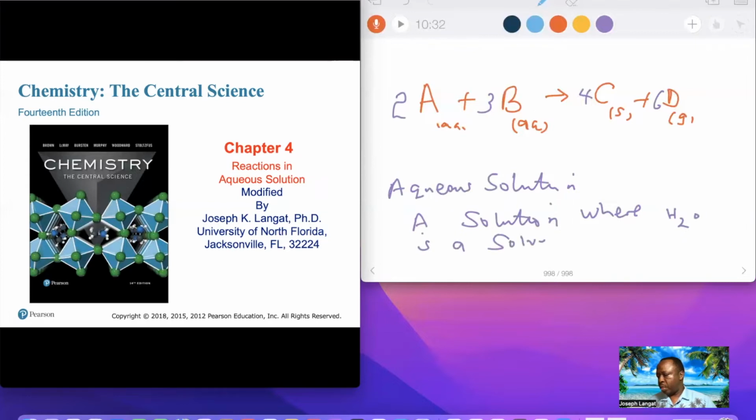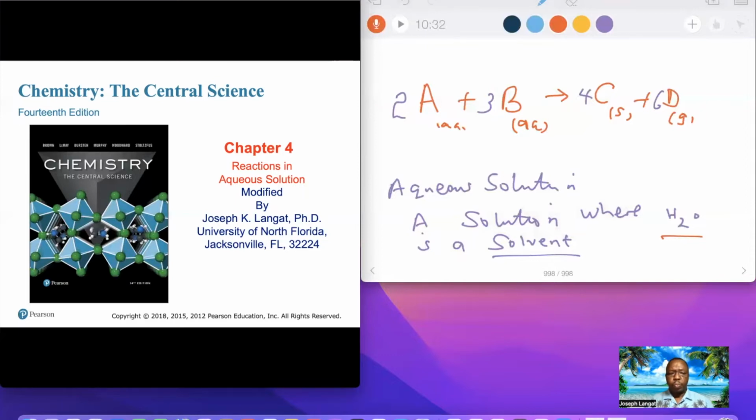That means the dissolving media is H2O. Underline the word H2O. If you use dissolving media other than H2O, then there is a different solution. But aqueous solution is a solution where H2O is used as the dissolving media.